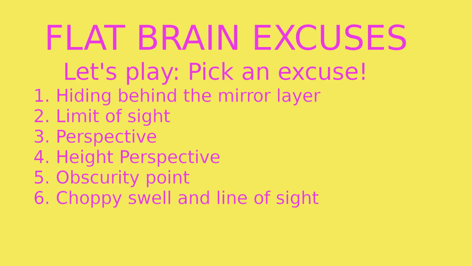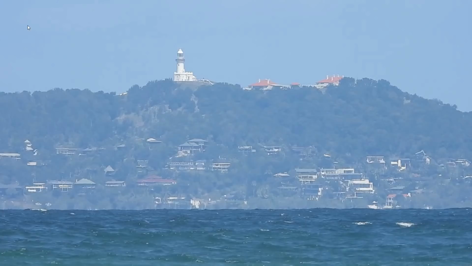Right, so the next one, obscurity point, is similar to limit of sight. There may be a difference, but the difference exists in Ross's brain, and I'm not sure he can get it out correctly.